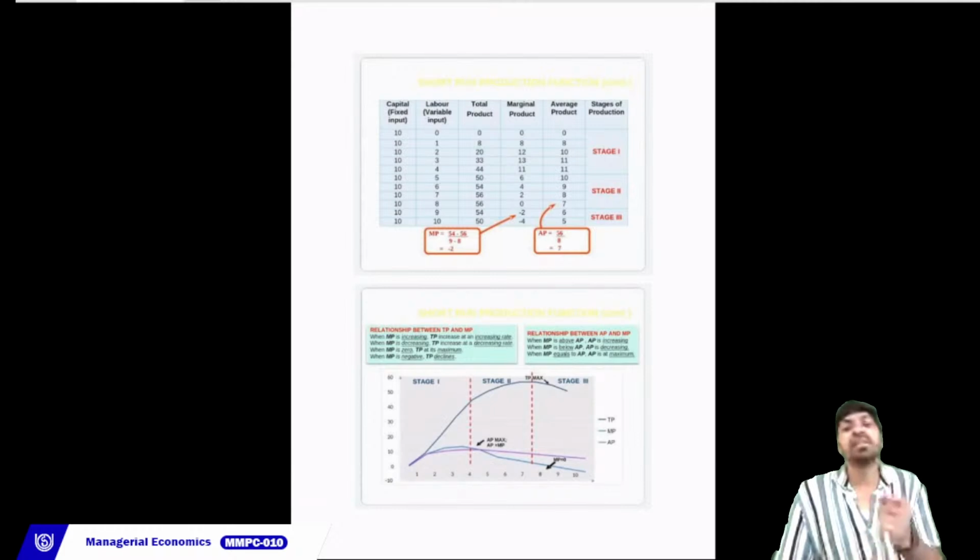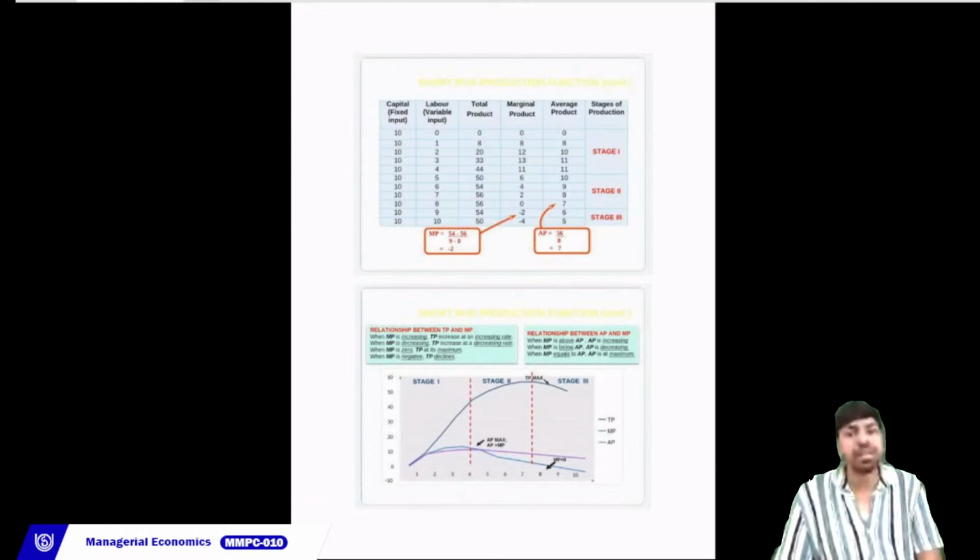That is its division, total product divided by number of labor, that is 8 by 1, 8. 20 by 2, 10. 22 by 3, 11. 44 by 4, 11. 50 by 5, 10. 54 by 6, 9.